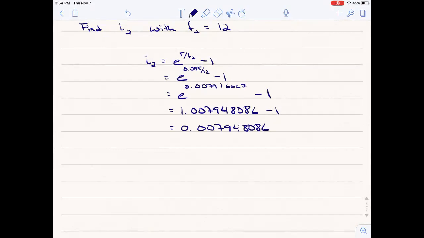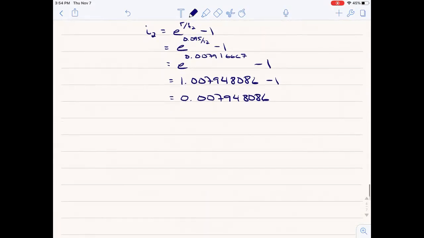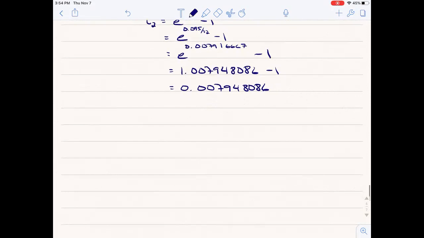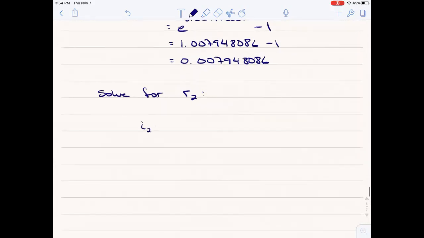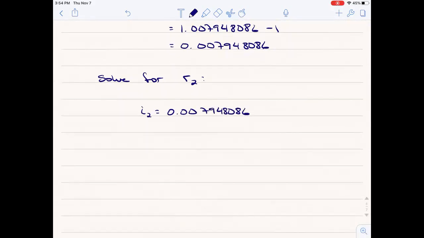Just to be proper, I should have been solving for R2 technically this whole time, but I didn't. So solve for R2. Well, we've got I2 is 0.0079480886, and we've got F2 is 12.